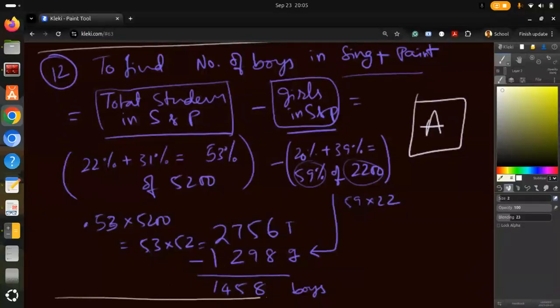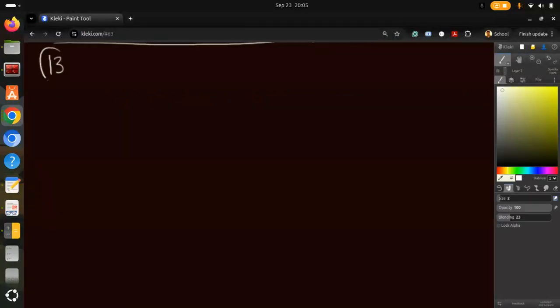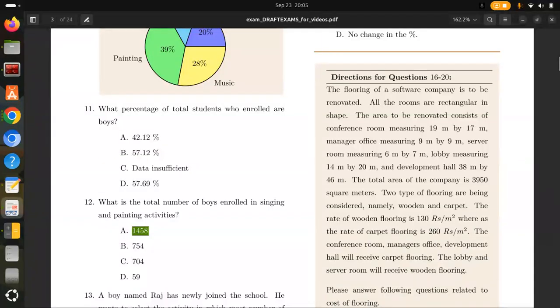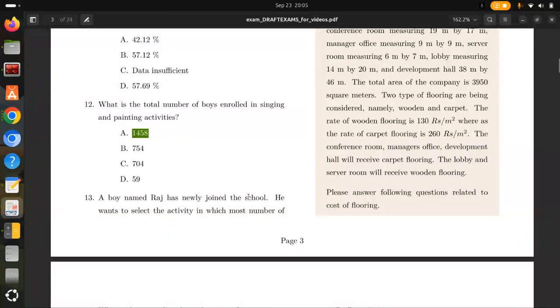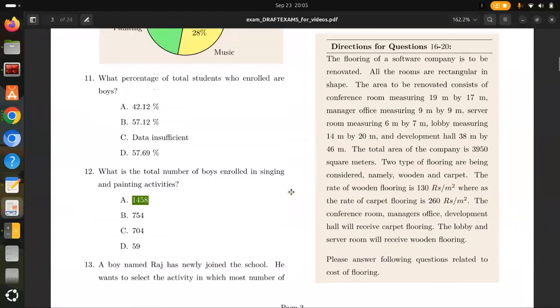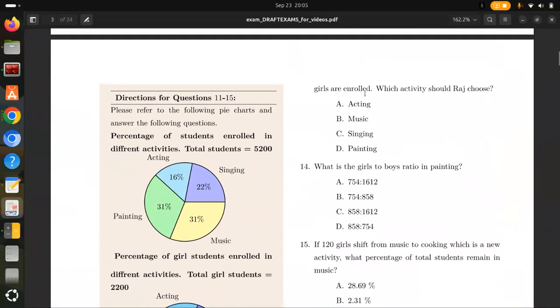So let's continue with question number 13. A boy named Raj has newly joined the school. He wants to select the activity in which most number of girls are enrolled. Which activity should Raj choose?